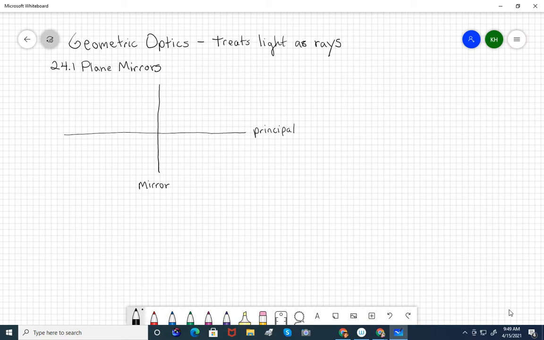And yes, it is spelled P-A-L, like the principal of your school. Principal spelled this way means primary. So there's our principal axis. Here's our mirror. And we have some object. I will let the object be a purple arrow.